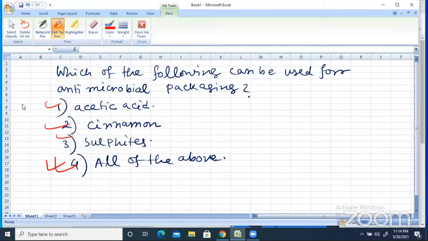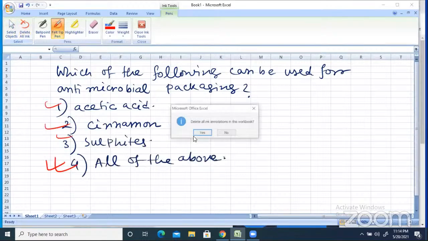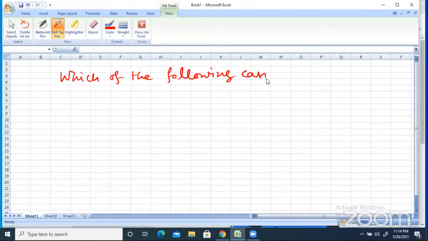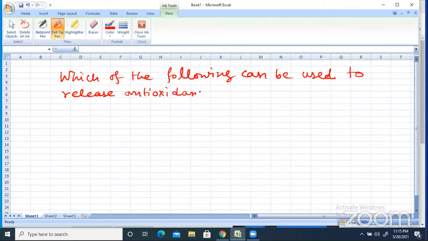Okay, again one question. Which of the following can be used to release antioxidant into a package?